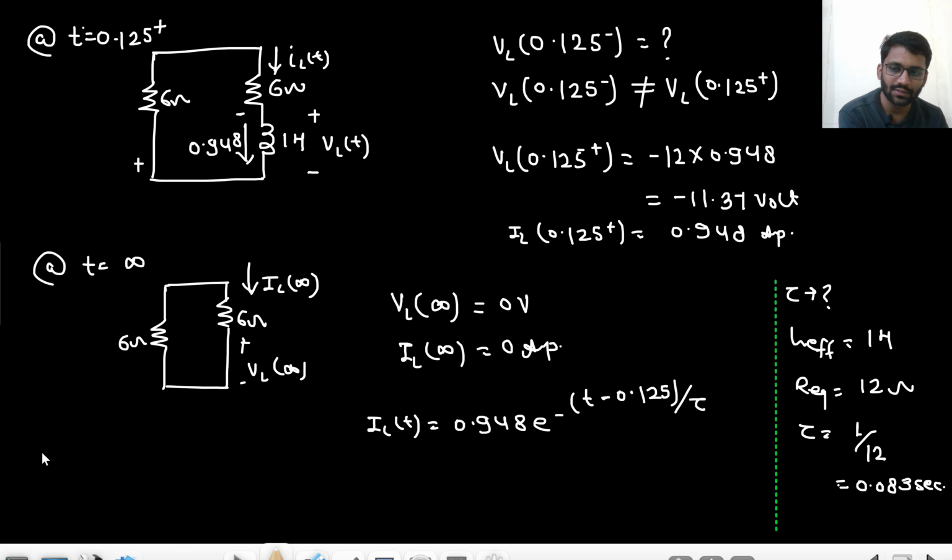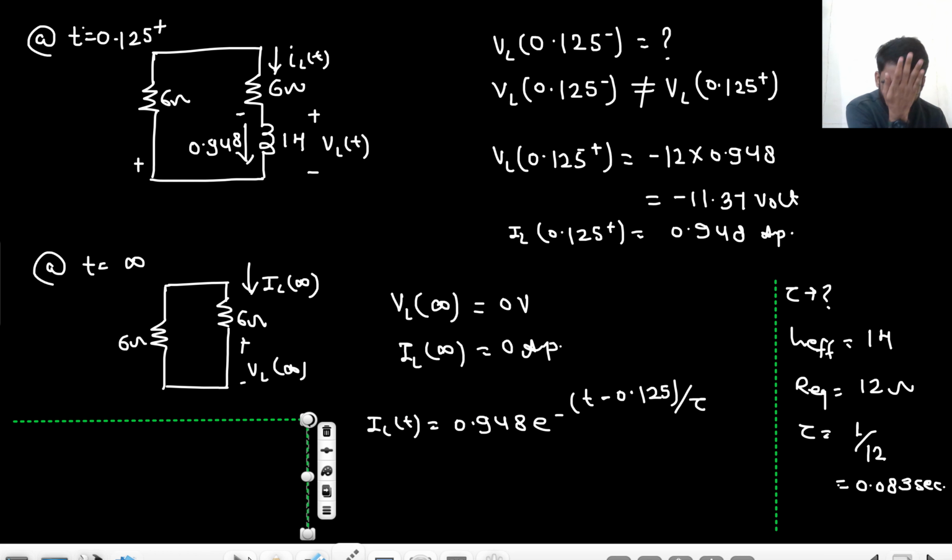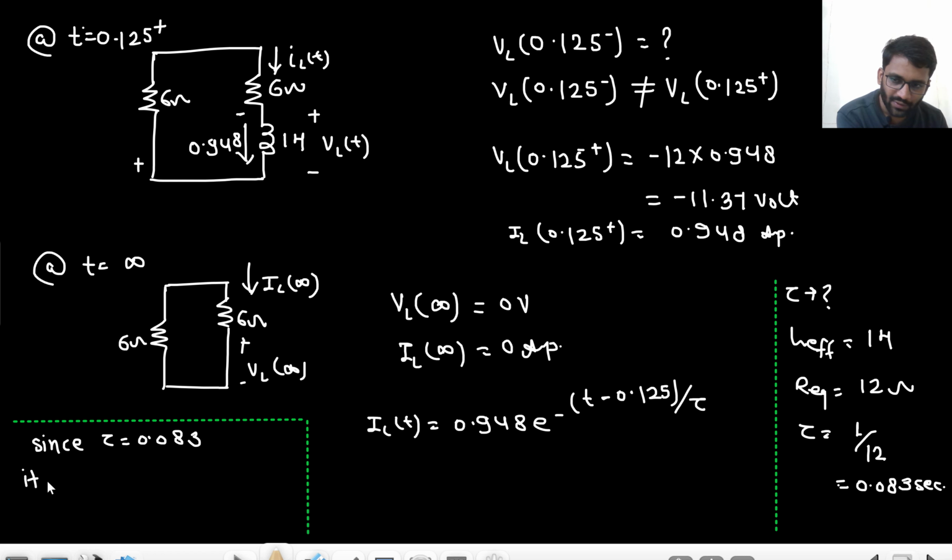Since tau is equal to 0.083, it will take 5 tau, that means 0.42 second to reach steady state.